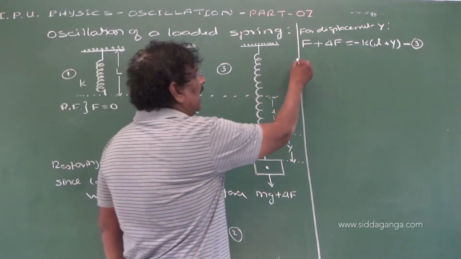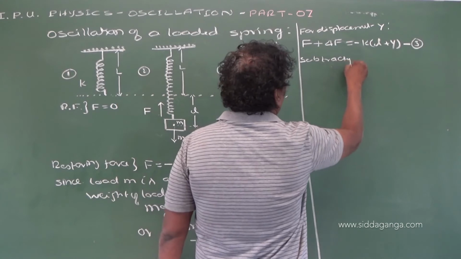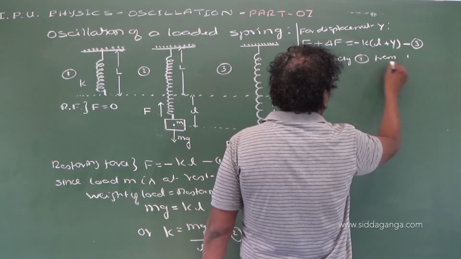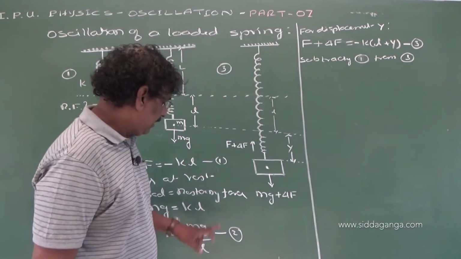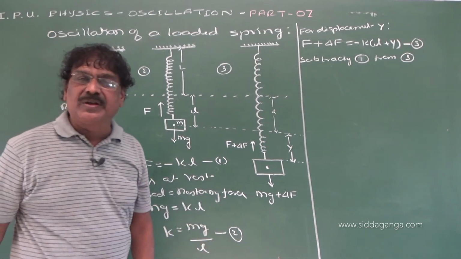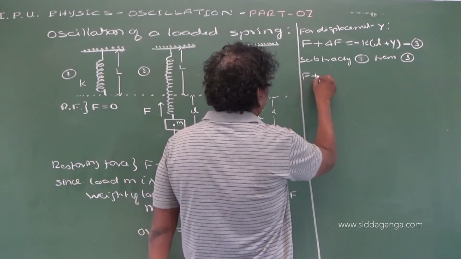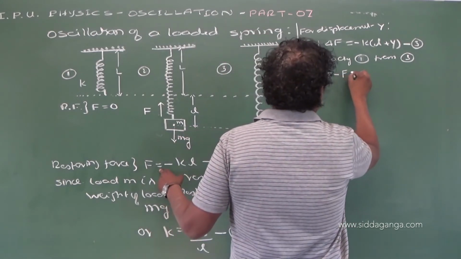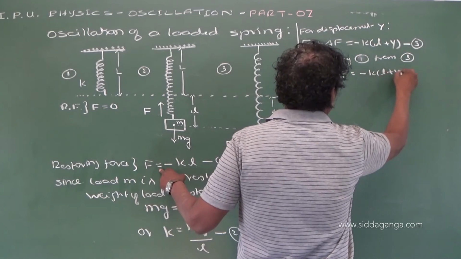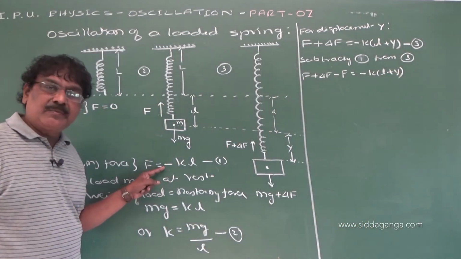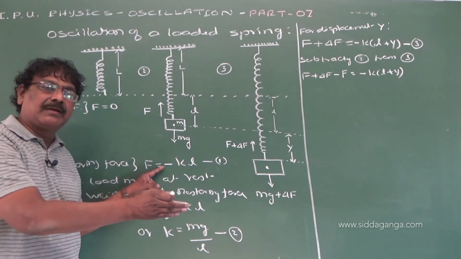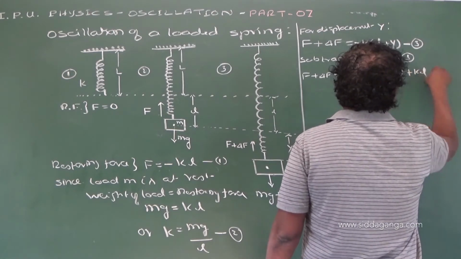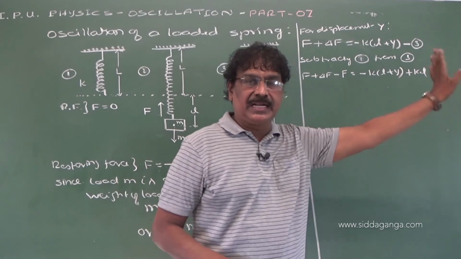Now subtracting equation 1 from 3, equation 3 minus equation 1, that is F plus delta F minus F is equal to minus K into L plus Y, minus of minus KL, that is plus KL.